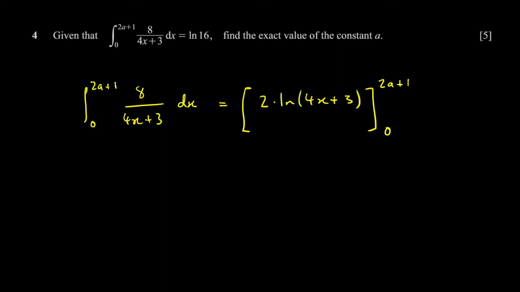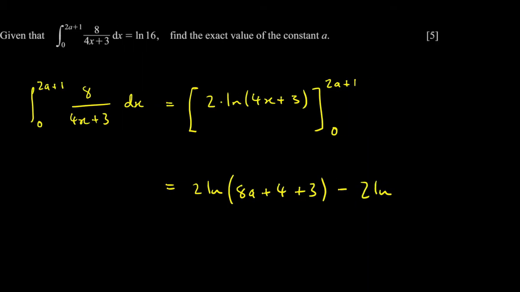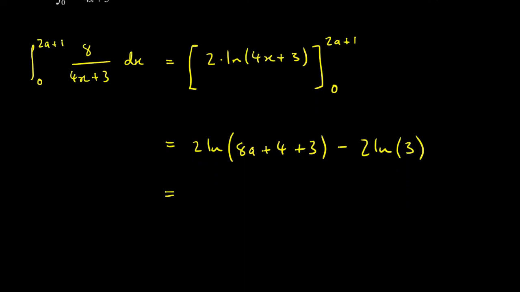Okay, so now let's substitute in. So I've got 2 ln, substitute in 2a plus 1, so that's going to be 8a plus 4 plus 3. And now substitute in 0, right? So I get 2 ln, 4 times 0 is 0, plus 3 is 3. So I can then factorize out the 2.